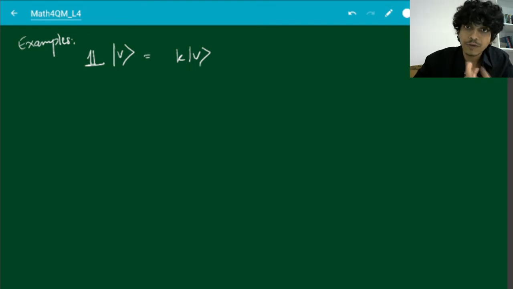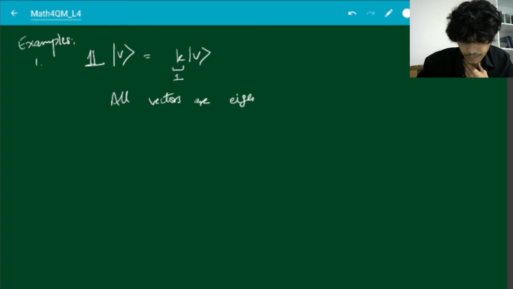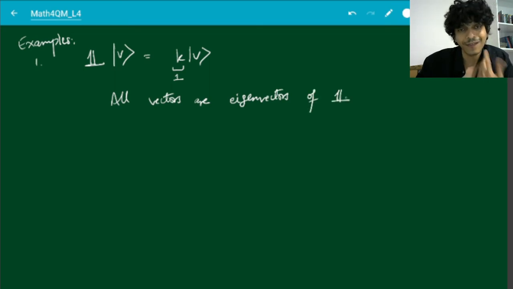This is true for all vectors. Any vector, if you multiply by the identity matrix, you just get back the same vector. So this k is basically equal to 1, the number 1. So all vectors are eigenvectors of the identity matrix, and the eigenvalue is 1.